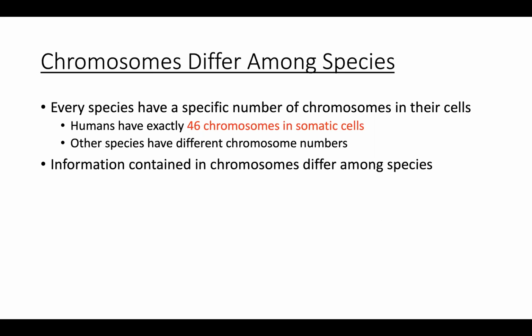So let's just hypothetically say that the chromosome that determines our eye color is chromosome number 3. I don't know if that's true or not, but we'll say that the gene that encodes eye color is found on chromosome number 3 in humans. That may not necessarily be the same for a dog. Chromosome number 3 may not necessarily contain the same information as chromosome number 3 in the human.